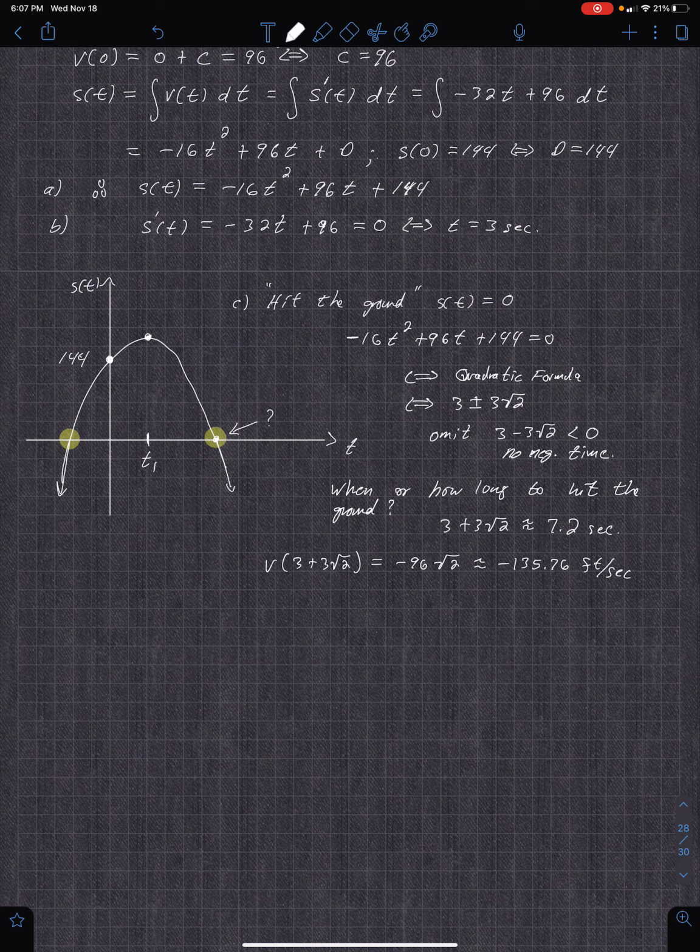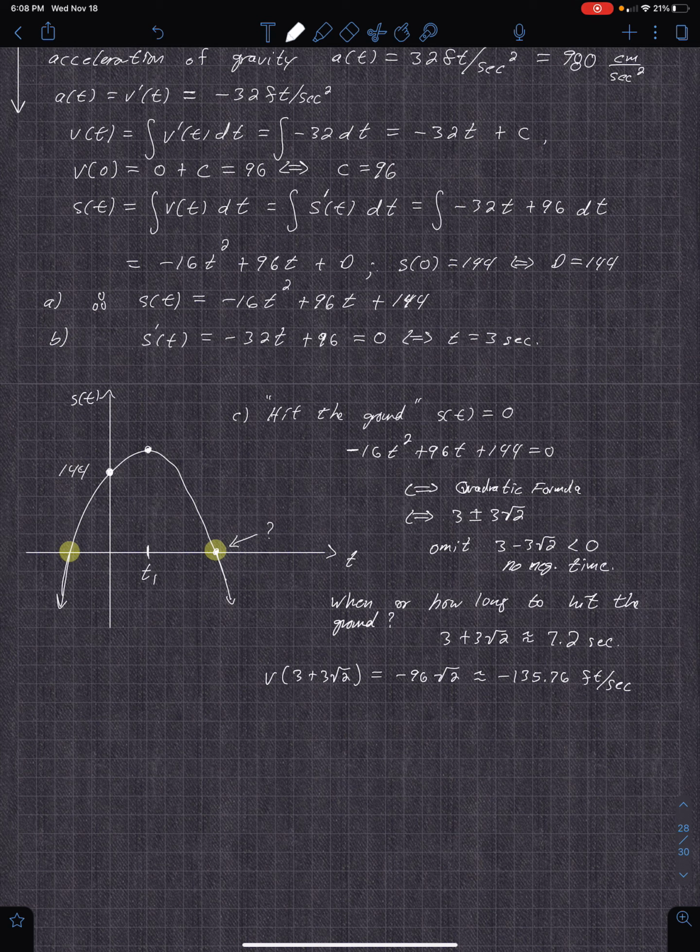That's pretty fast. Wow. 135 feet per second. Well, I have to convert that to something I can really think about. But yeah, that's it. So that answer is B. That's how fast it is when it hits the ground.